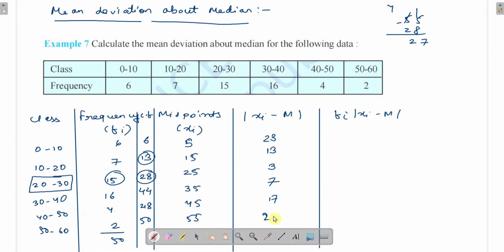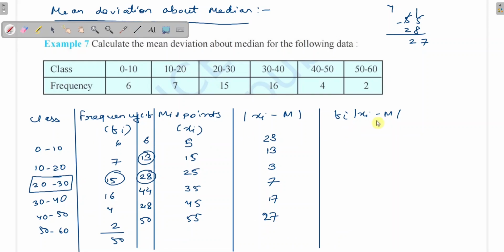And now you have to take this product, fi times modulus of xi minus M. So 23 times 6 is 138. Then 13 times 7 is 91.